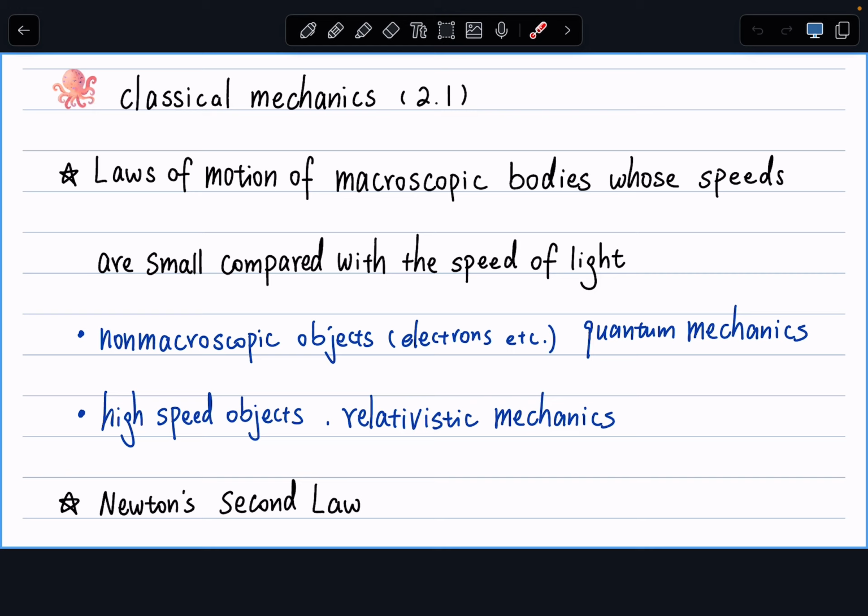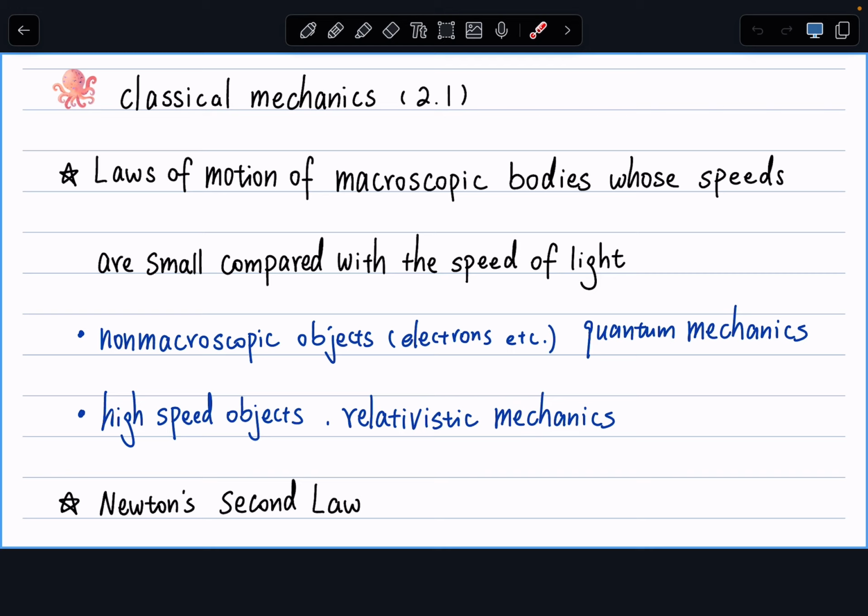So this tells you what kind of problems are suitable for classical mechanics. For example, non-macroscopic objects like an electron or a hydrogen atom are too small to be considered in the macroscopic world. They need to be treated using quantum mechanics.